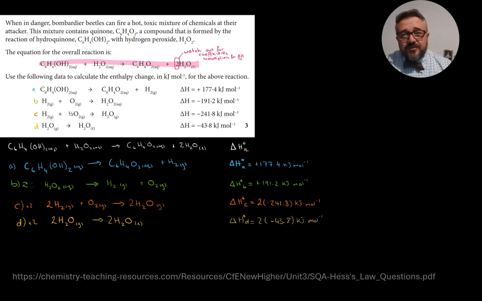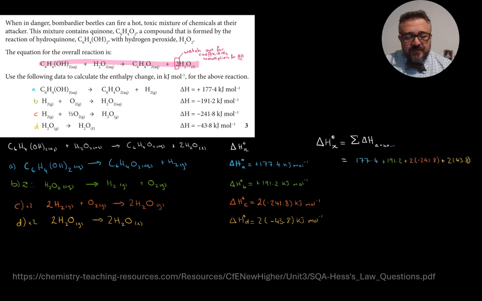Now all we have to do is sum up all these values, because delta Hx equals the sum of all of the other delta H's, and we put them in together. 177.4 plus 191.2 plus 2 times minus 241.8 plus 2 times minus 43.8. That's a minus. The maths still works out, I promise.